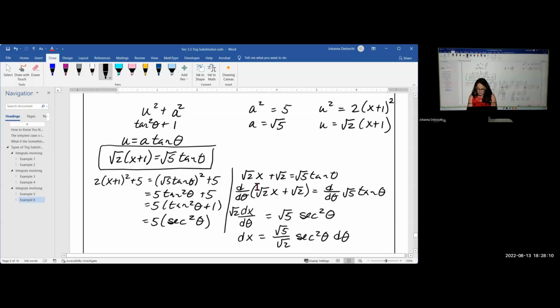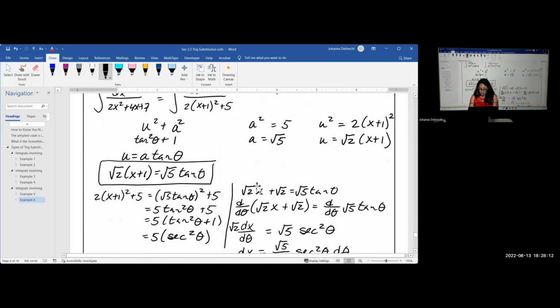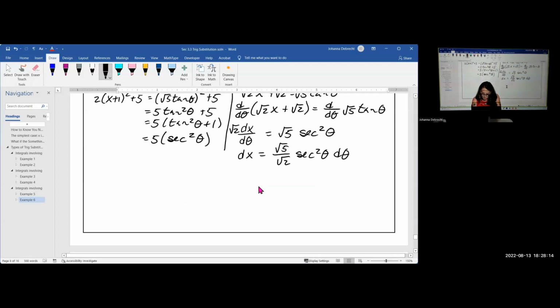So coming up here to the original integral, we had the integral of 2x squared plus 4x plus 7, which we rewrote as the integral of 2 times x plus 1 squared plus 5.